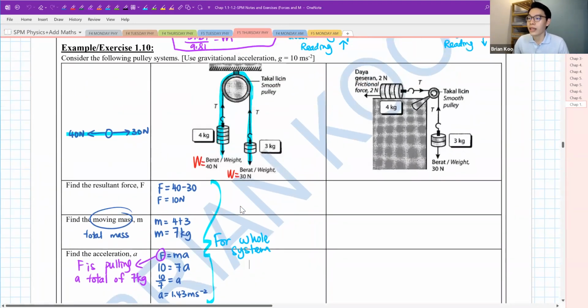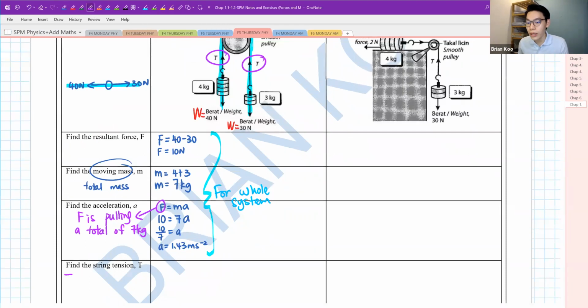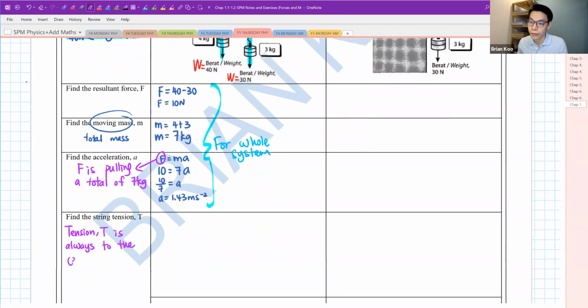Okay, next part, we'll look at the string tension. Some people will ask me, teacher, you have tension going on here. First of all, let me talk about the direction of the tension. Tension is always to the center of the pulley. How come?